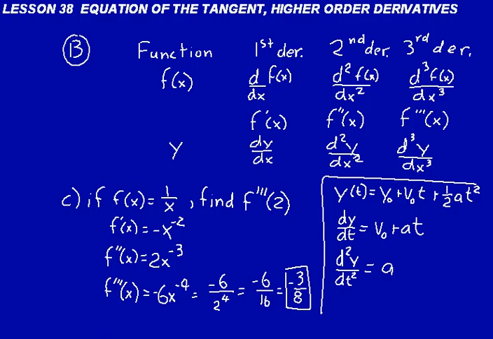So by using calculus, from one function we can figure out velocities and accelerations at any point on that function. These are things that may have been very difficult to calculate without calculus, and sometimes impossible to calculate. Okay, well that's all for lesson 38.